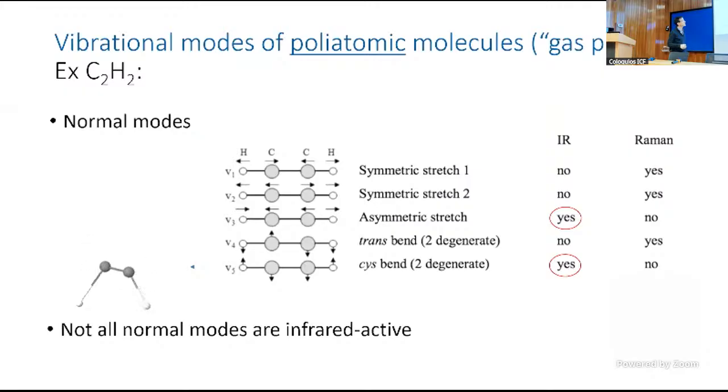So this technique will not show it unless there is something in the environment, another molecule, a solid, something that breaks the symmetry. And then these forbidden modes may appear. Like an amorphous solid, you can have a contribution.